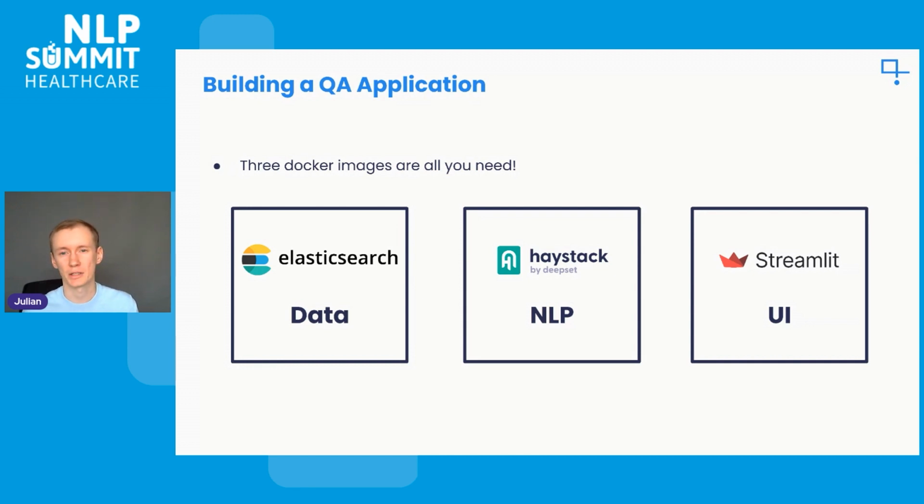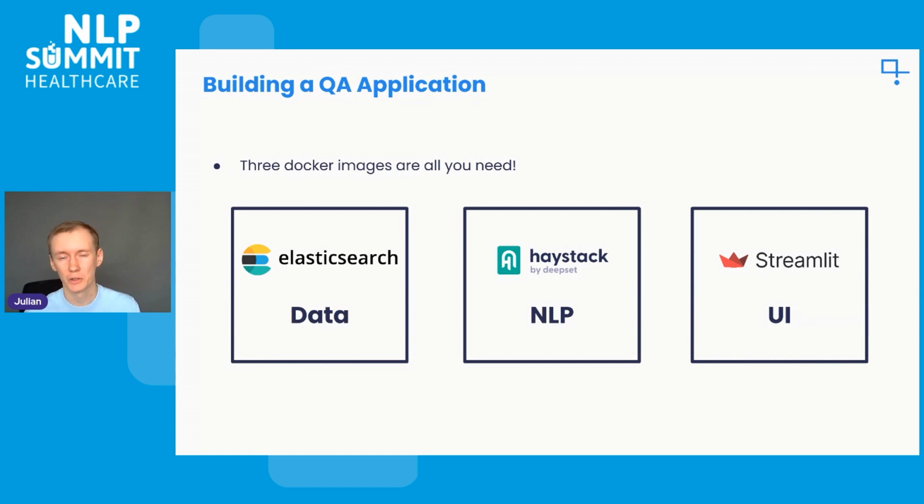The second one is Haystack, the open source NLP framework I already mentioned. It is the one where the actual question answering happens: the retrieval of the documents from the document store, the processing of the query, and also the extraction of the answer. And the third Docker image is Streamlit, which is for the UI.